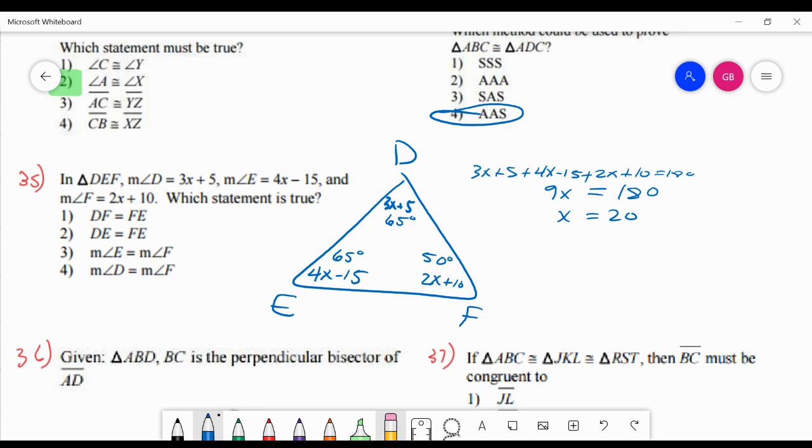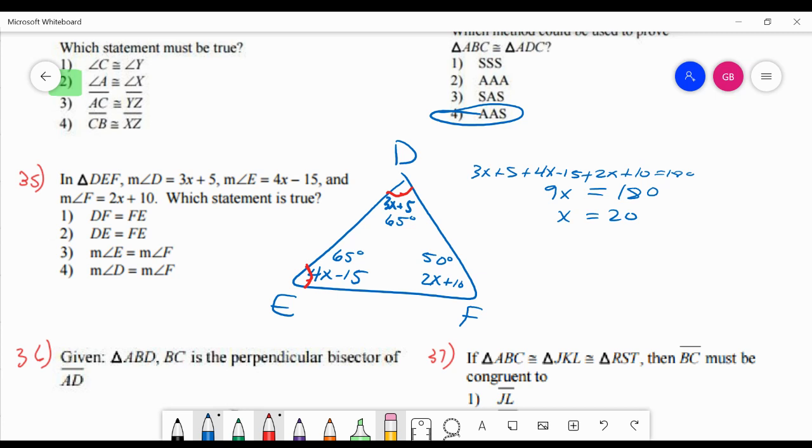Okay, so here we could see that E and D are both 65, so they're congruent to each other. But that's not one of our options. E and F are not the same, D and F are not the same. So how do we know if the sides are the same?